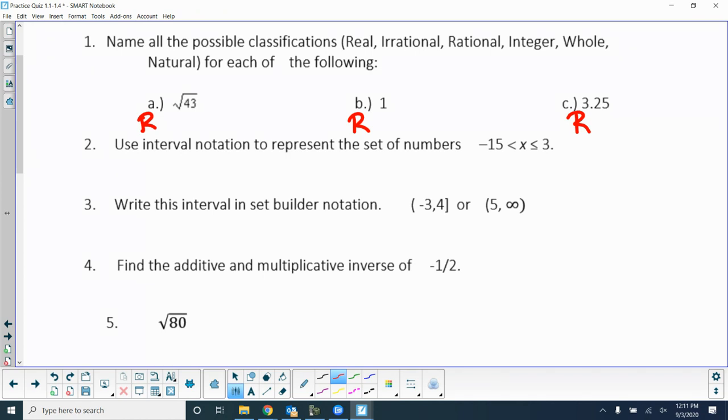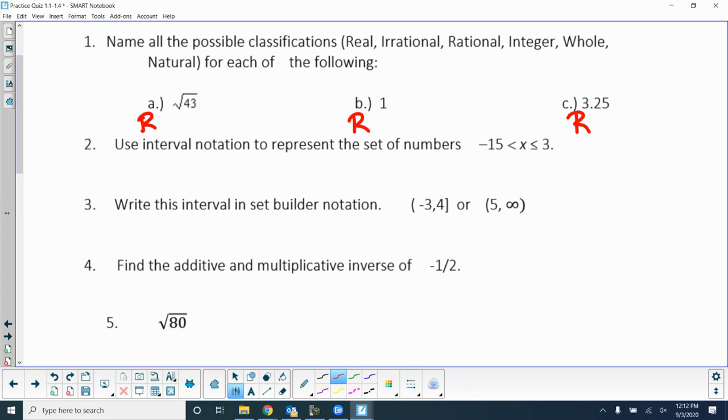Is this one irrational? The square root of 43. And irrational means when you write it as a decimal, it goes on forever. Right? It won't repeat, it won't stop. Square root of 43, is that one of those?